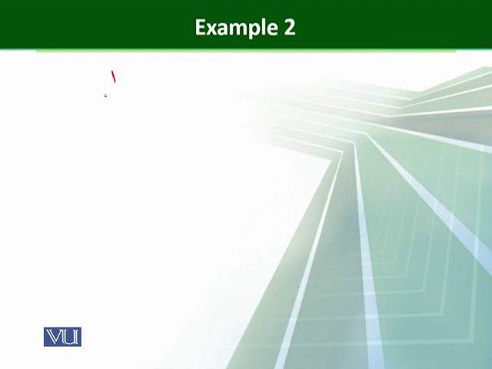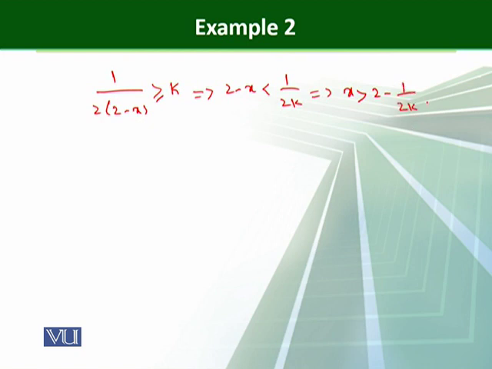Similarly for the other, 1 over 2 into (2 minus x) greater than or equal to k, which implies that 2 minus x is less than 1 over 2k, and from here you can easily find x is greater than 2 minus 1 over 2k, for 1 less than x less than 2.